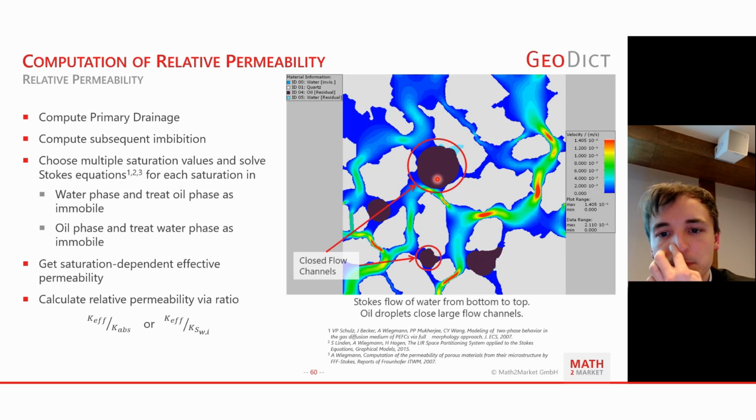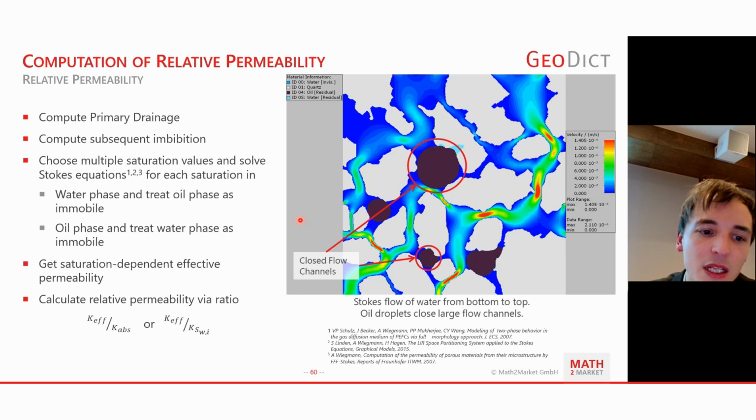So the oil basically closes the flow channels for the water, and permeability for the water phase goes down here. Now we compute the relative permeability as the effective permeability divided by the absolute permeability of the whole sample. And we do that for each phase individually.